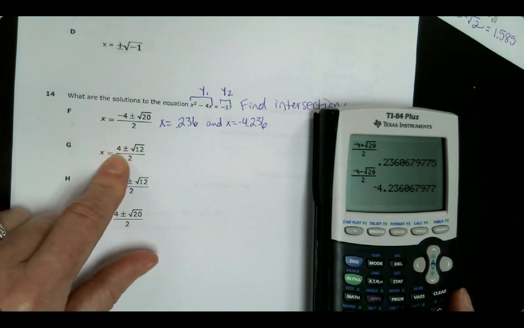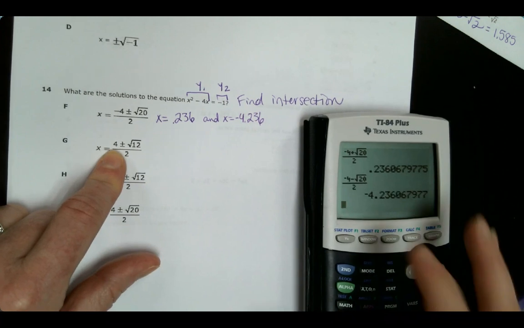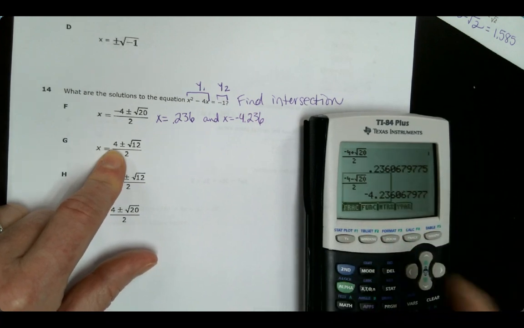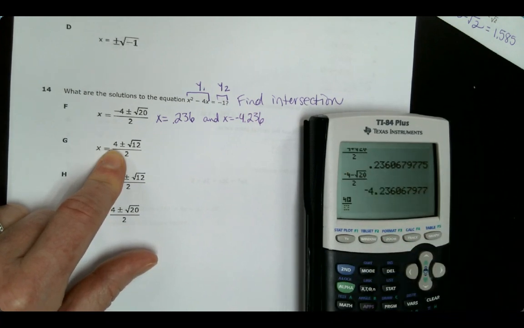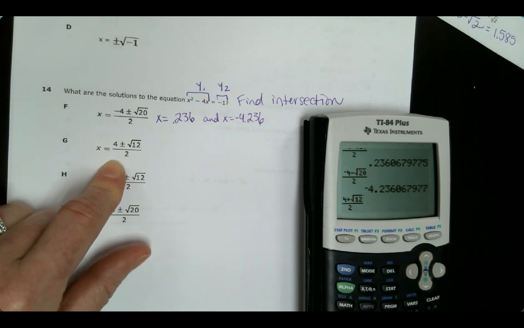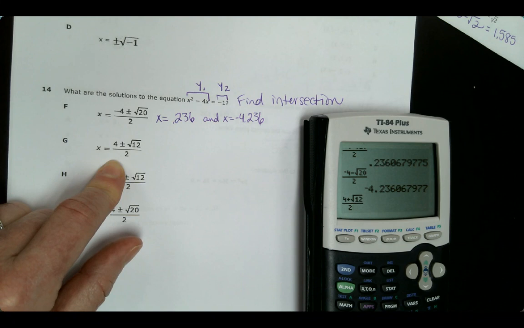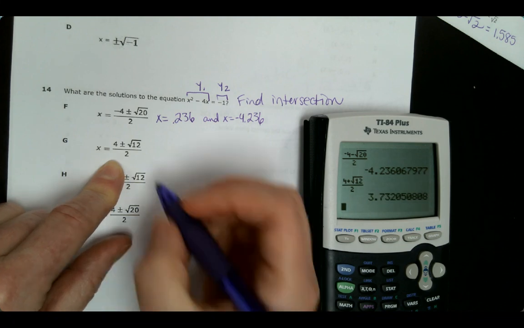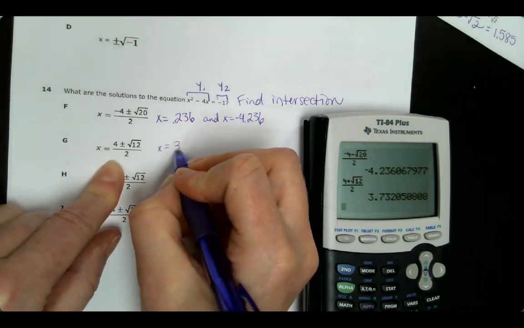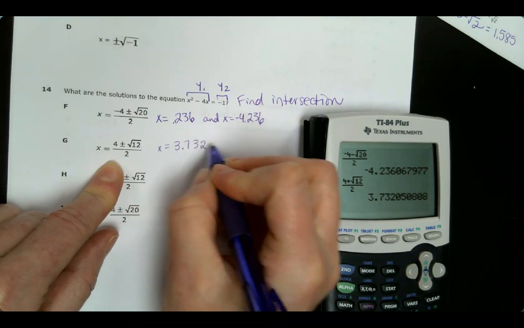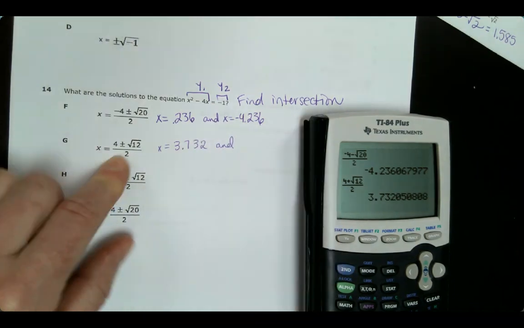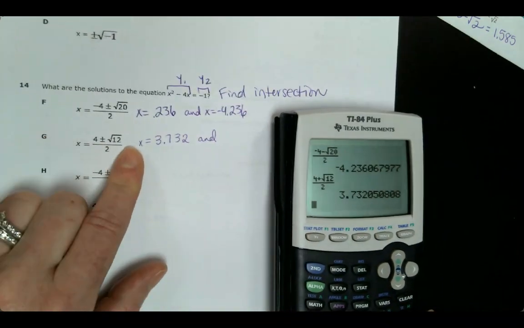Go ahead and find this answer as well. 4 plus square root of 12 over 2. X equals 3.732.